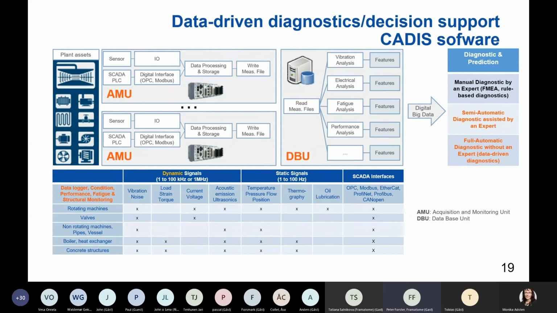And in the end, on the right side, you can have a diagnostic prediction: manual diagnostic by experts, semi-automatic diagnostics by experts, or full diagnostic with expert-driven systems. So what is new with the system? I already mentioned it is a combination of vibrational data with the operational data already existing from the plant.